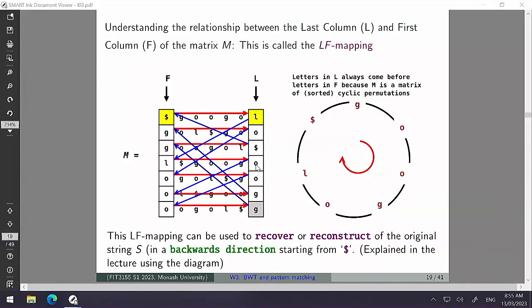Now if I know this O appears here, I can recover one more letter, G. So GOL has been recovered. If this G maps here, then its last letter is O, so OGOL has been recovered. And if this O maps to a position here, I can recover one more letter, OOGOL. Can you see what I'm trying to get at?